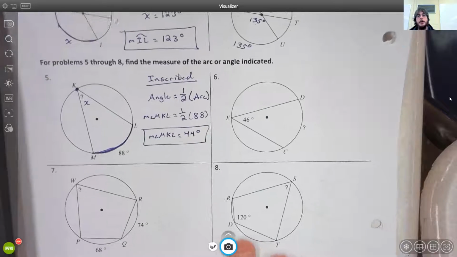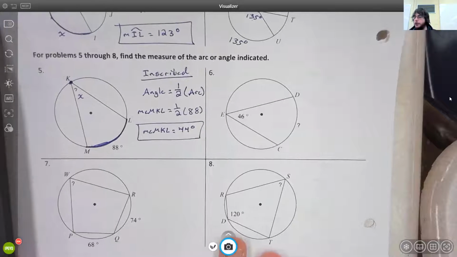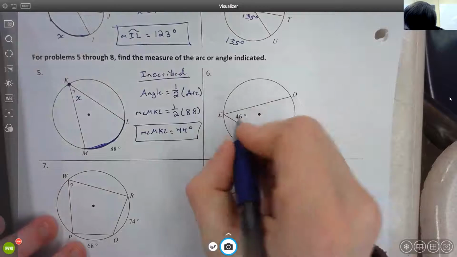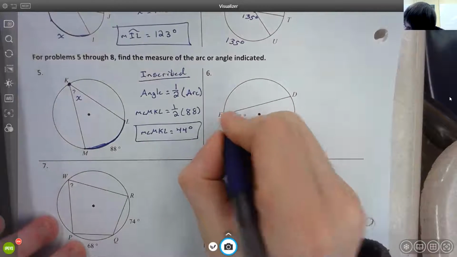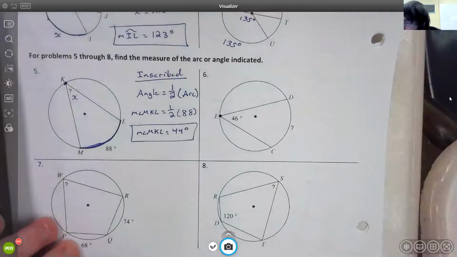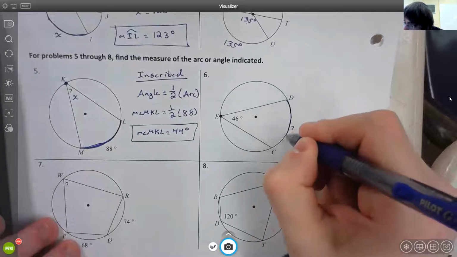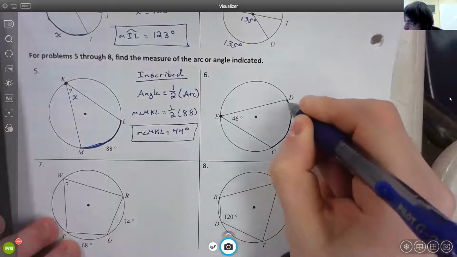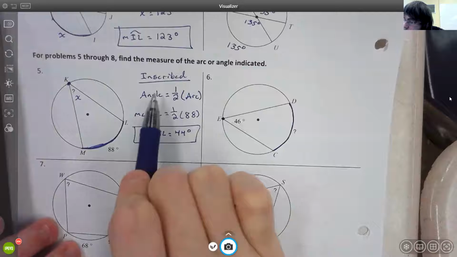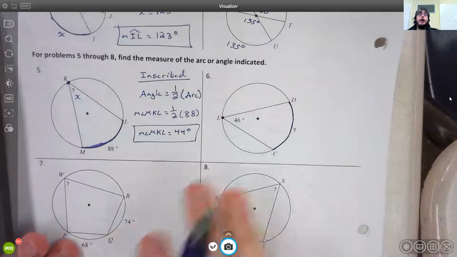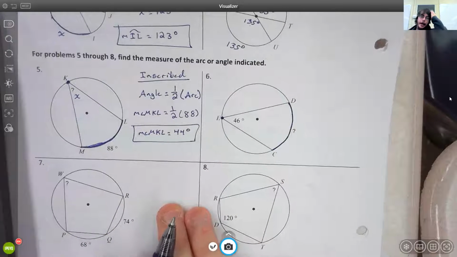All right. Number 6, we see that angle E is given to us as 46, and this is also an inscribed angle. Now this time we're looking for the arc that's associated with that angle. Well, we know that the angle is equal to 1/2 the arc because this is still an inscribed angle. But we already know the angle in this case, and we want to find the arc.